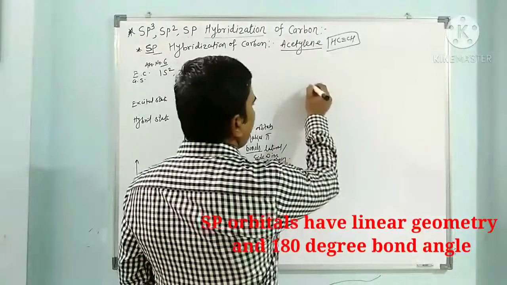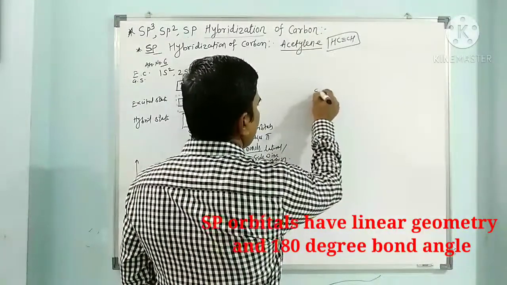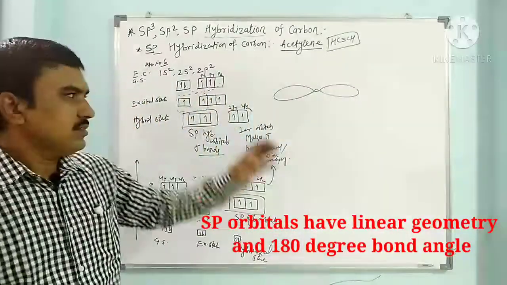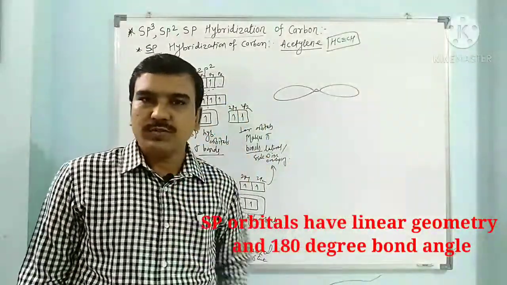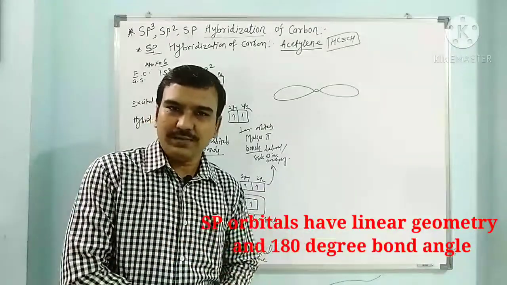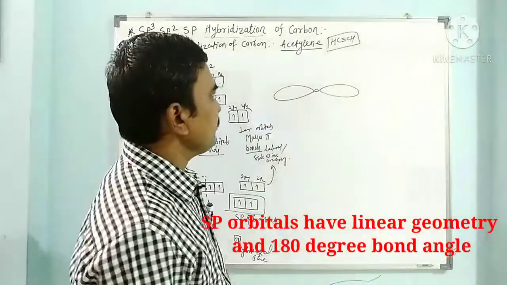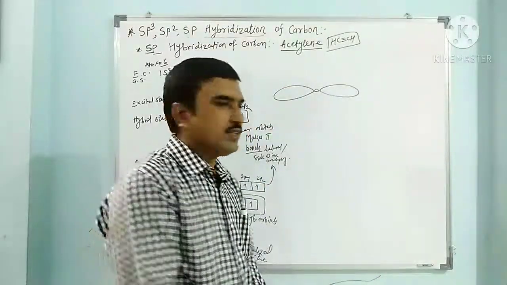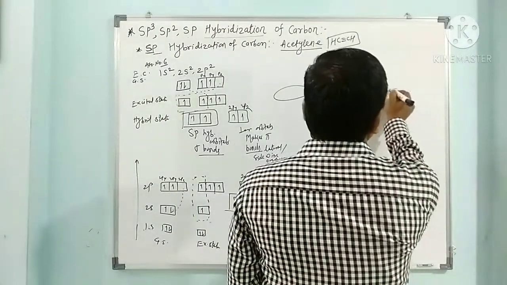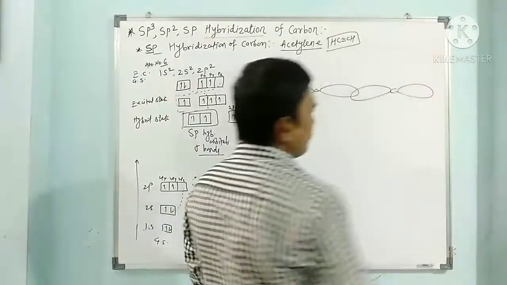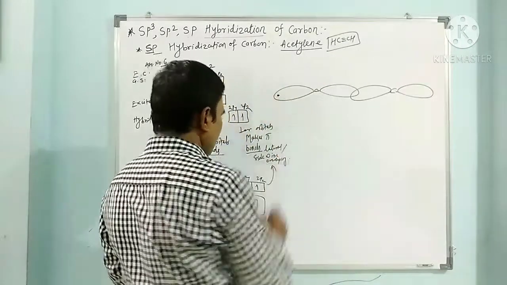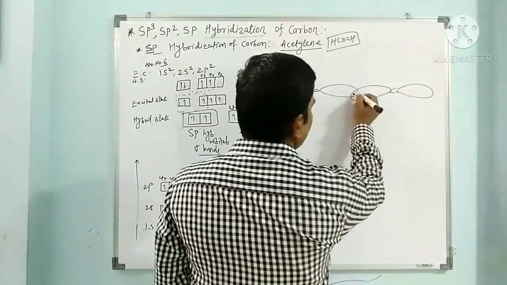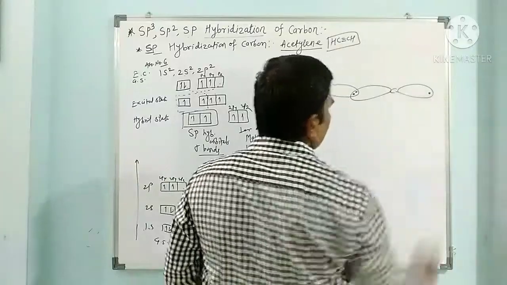Now we are having only two hybrid orbitals, sp. As only two orbitals are there, its geometry is linear, and definitely at least two carbons should be there to show sp hybridization. So one carbon interacts with the other carbon. One carbon's sp hybrid orbital interacts with the other carbon's sp hybrid orbital, each with one electron.